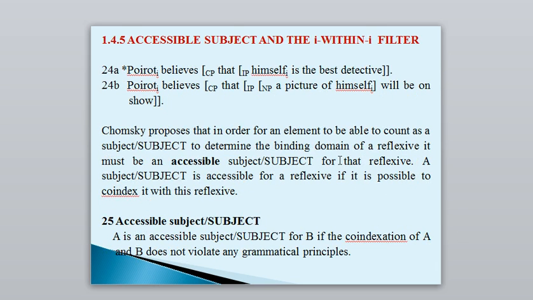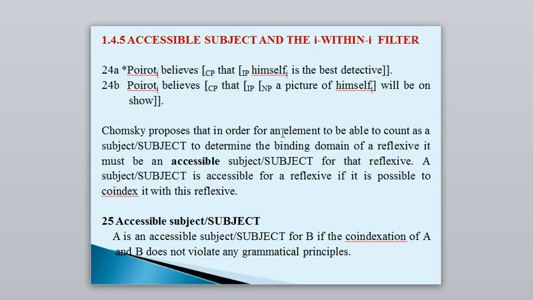So again, look at these examples: Poirot believes that himself is the best detective, and Poirot believes that a picture of himself will be on show. You see, this is ungrammatical because himself should have its antecedent in its domain, but Poirot is in another, higher sentence, so there is no locality condition, and this sentence is ungrammatical.